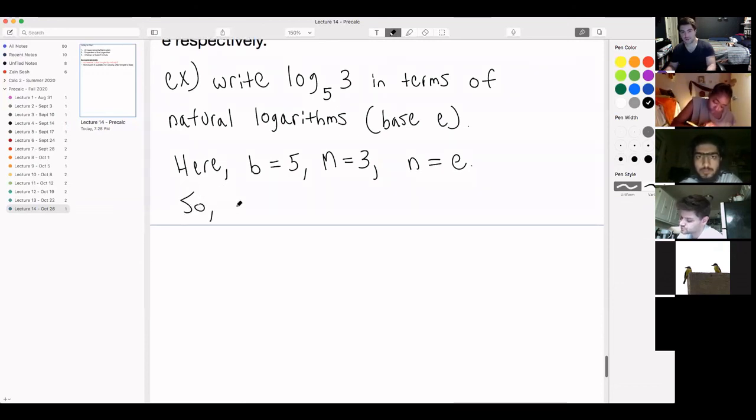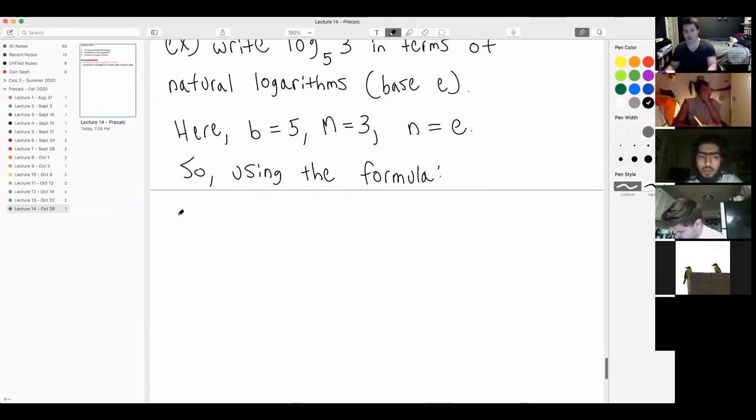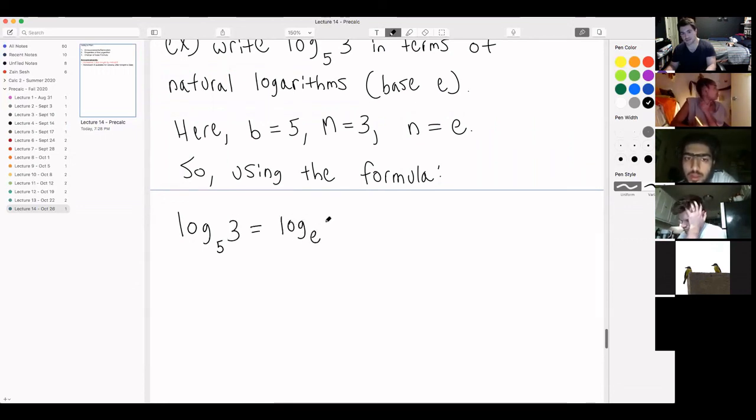Using the formula, I'm just going to directly plug in these values. Log base 5 of 3 will be log base e of 3 divided by log base e of 5.